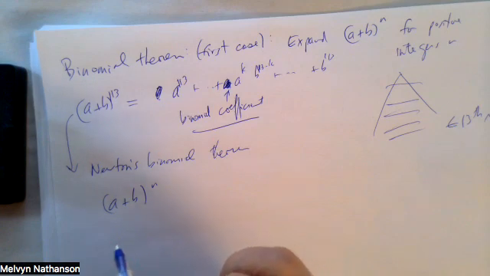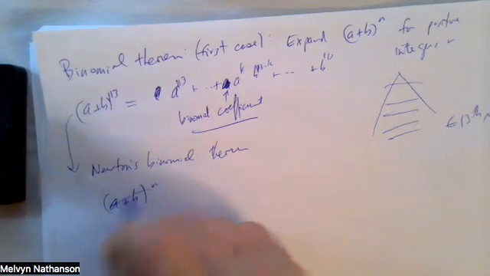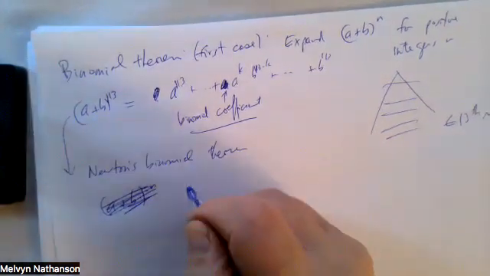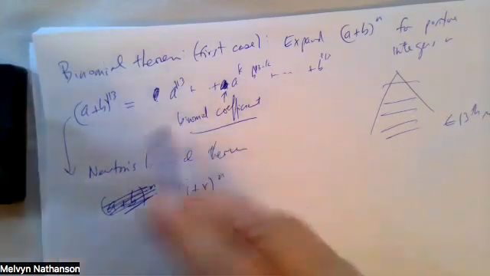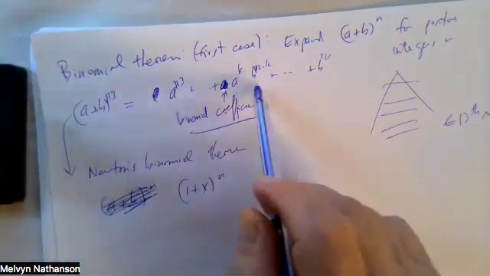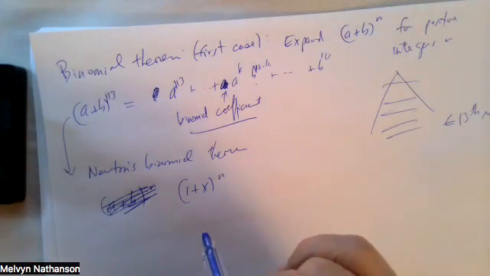Suppose, for example, just make it easy. Instead of a and b, suppose it's like 1 plus x to the n. So if you let a equal 1 and b equal x, it's just a little bit simpler to write down. So 1 plus x to the n.